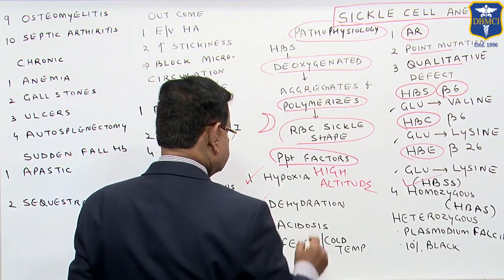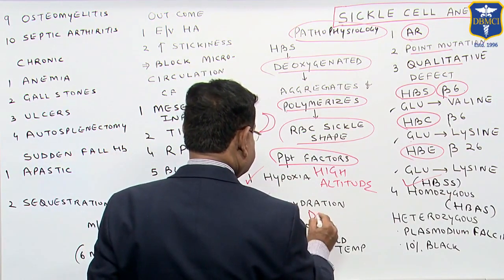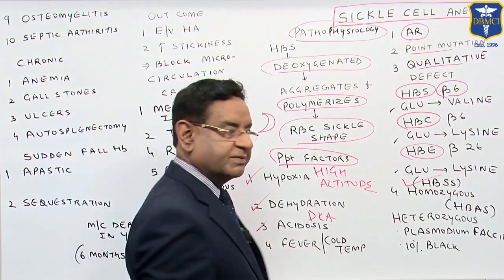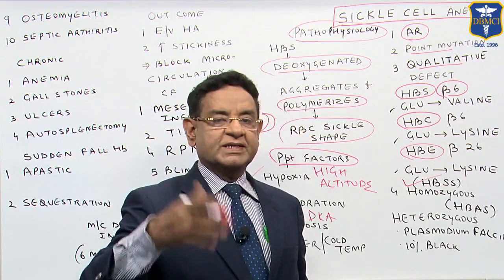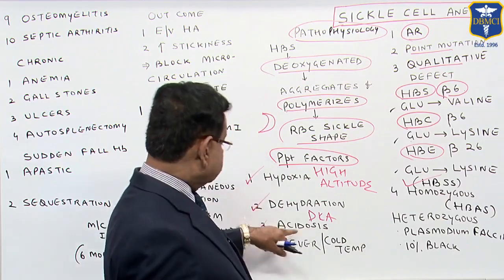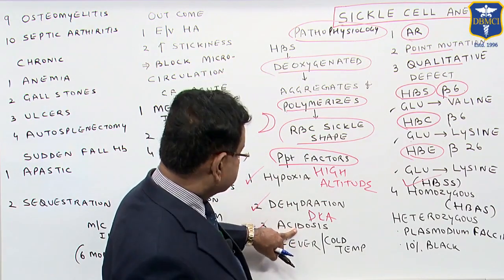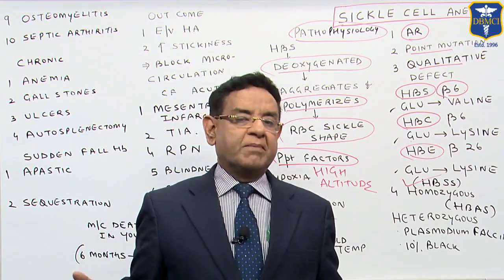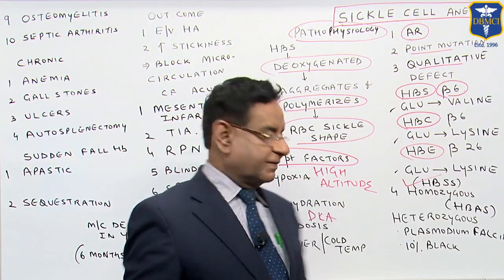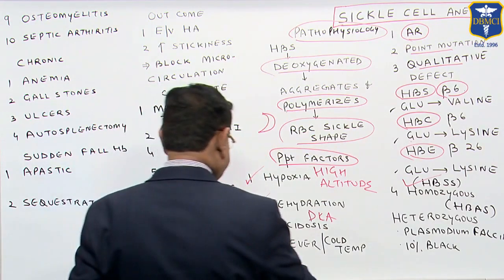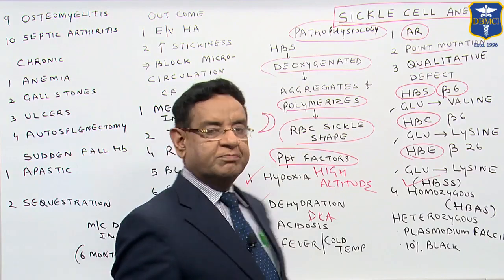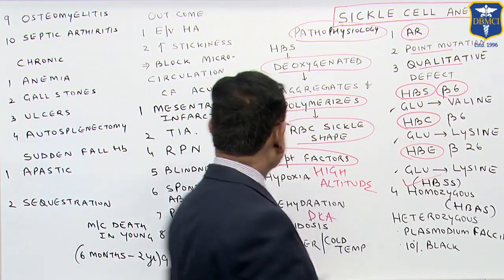Acidosis, that's why sickling is very common in diabetic patients having DKA, because it is not only precipitated by acidosis, but in DKA marked dehydration is also there. Very high grade fever or very cold temperature also precipitates sickling.